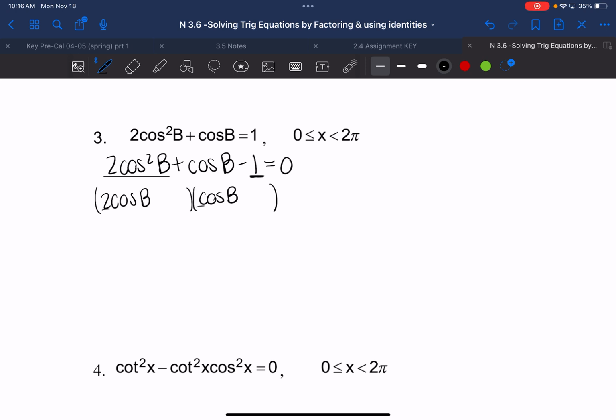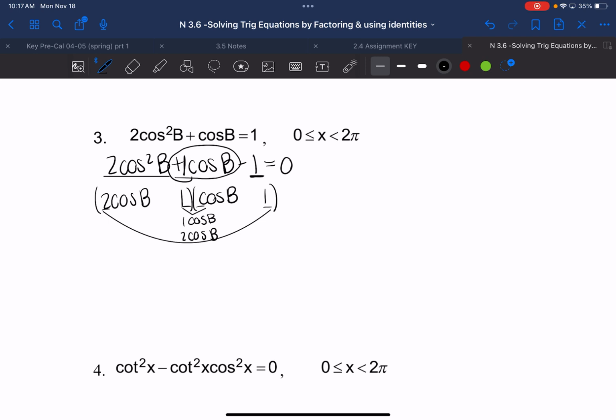And then remember, I look at the last term to decide what I put here and here. What multiplies to give us 1? Right. Now, I just need to double check where I'm going to put signs, right? So on the inside, 1 times cosine would give us 1 cosine, right? On the outside, 2 cosine times 1 would give us 2 cosine, right? And I want it to add to give me, remember that's an understood 1 there, right?